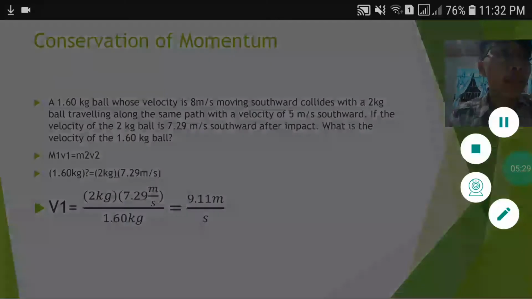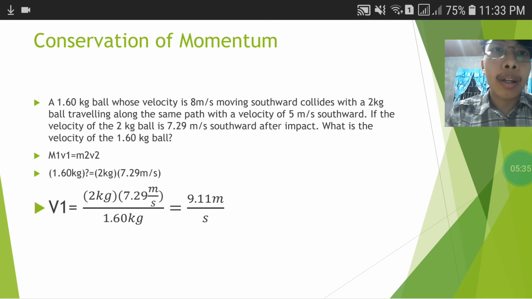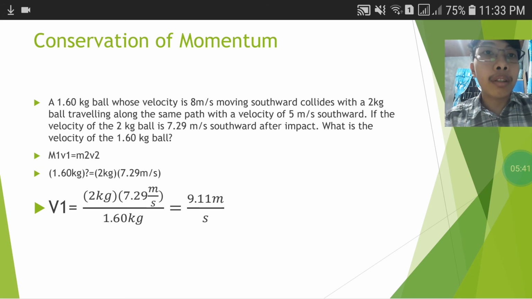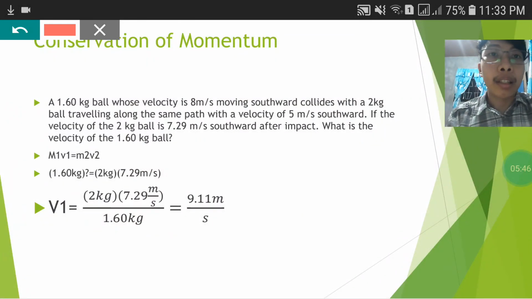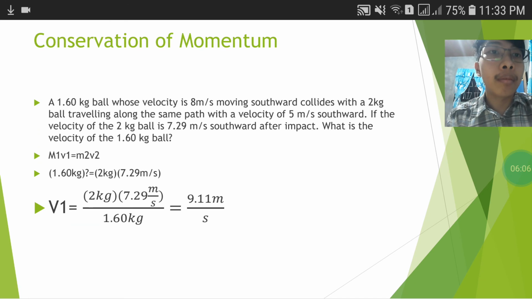According to our formula, M1 V1 is equal to M2 V2. So 1.6 kilograms times V1, which is unknown, is equal to 2 kilograms times 7.29 meters per second. When we derive the formula, velocity 1 is equal to M2 times V2, 2 kilograms times 7.29 meters per second, over M1, or 1.60 kilograms. Our answer here is 9.11 meters per second. That is our velocity 1.